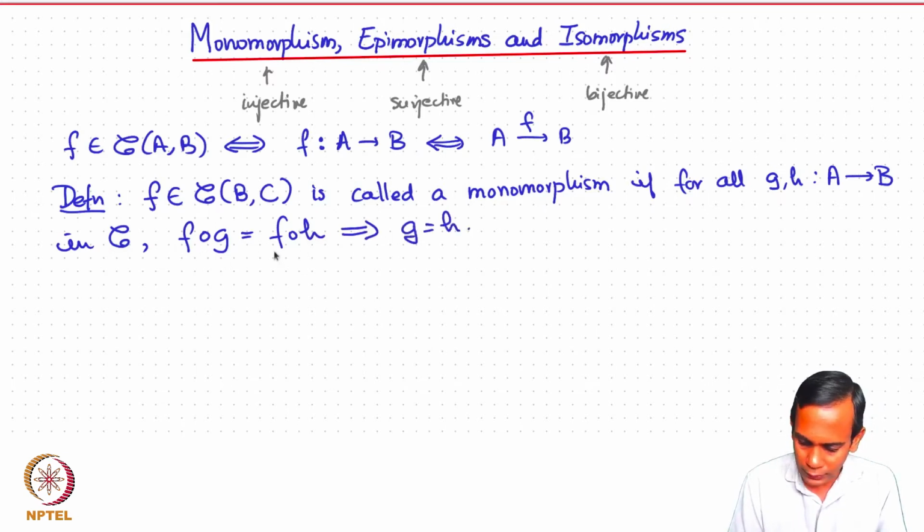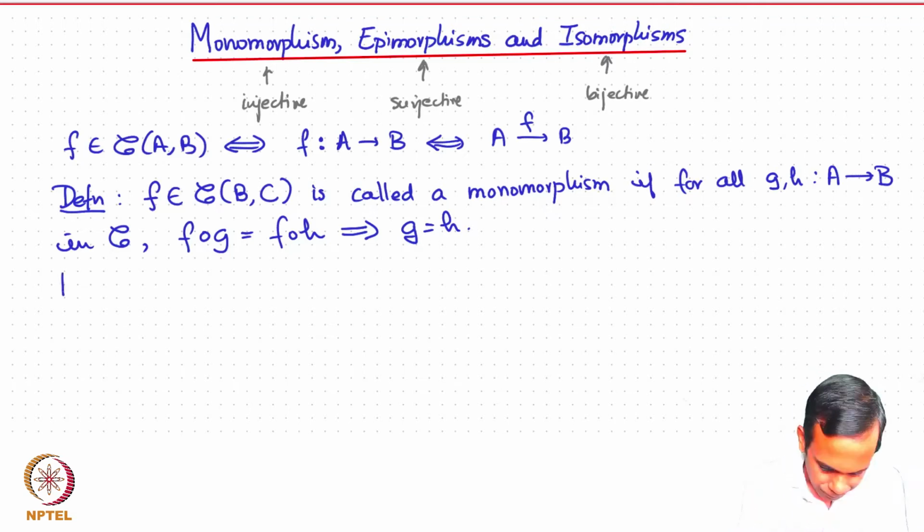This is an equality of arrows from A to C, and this is an equality of arrows from A to B.